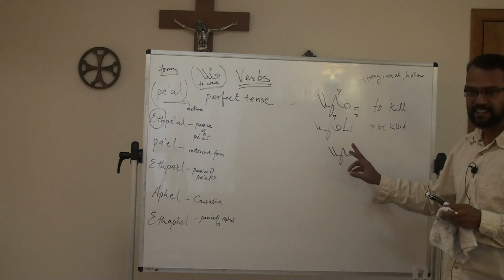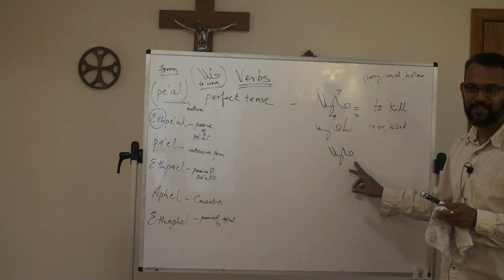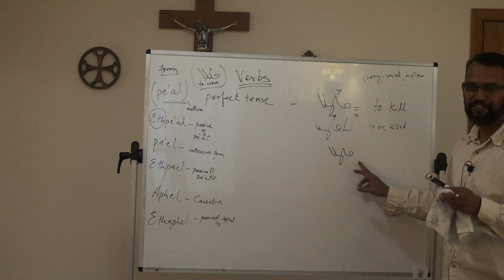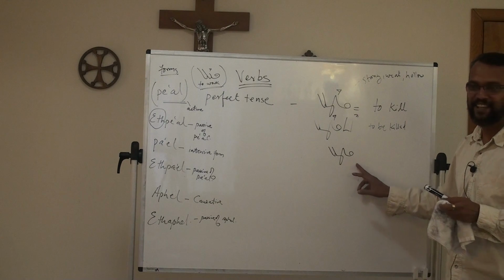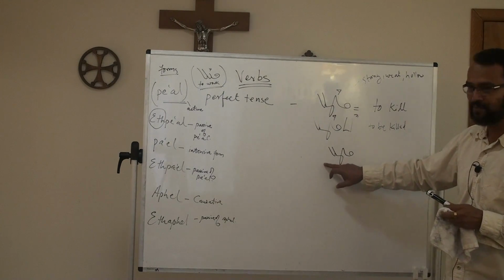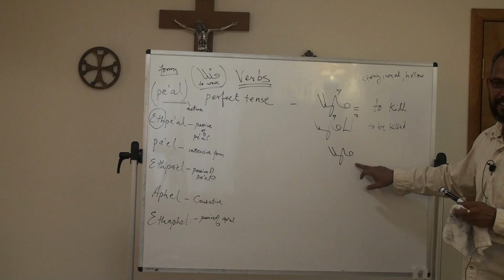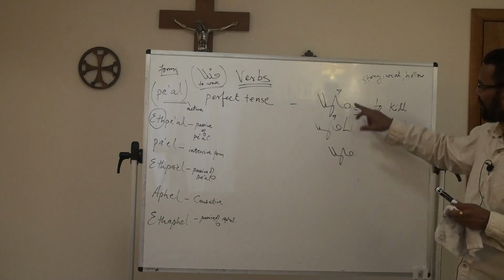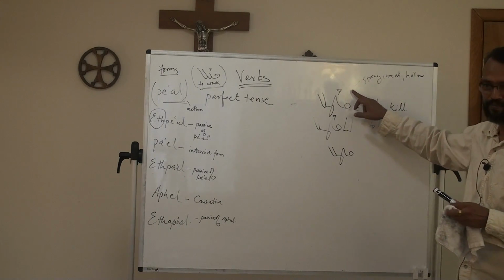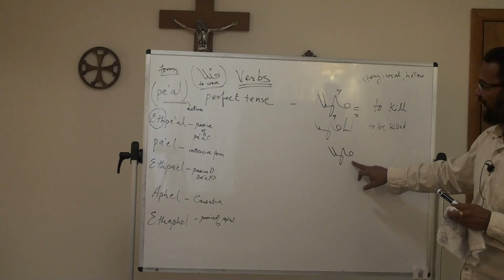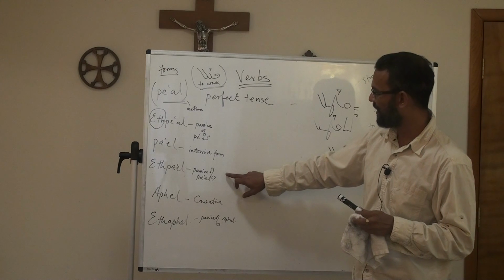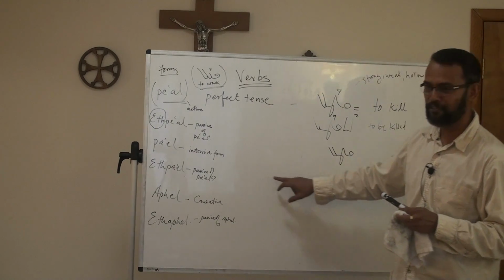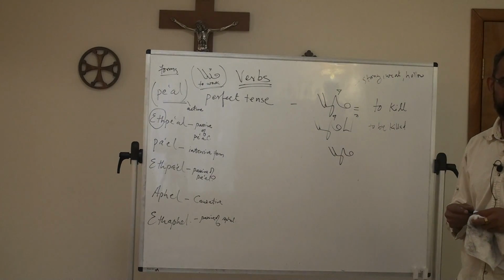Ka, ta, la. So when you refer a verb in a dictionary, you will find only this form, ktal, or this one, ktal. And if you are trying to find an ethpeal form directly in a dictionary, you won't find it.